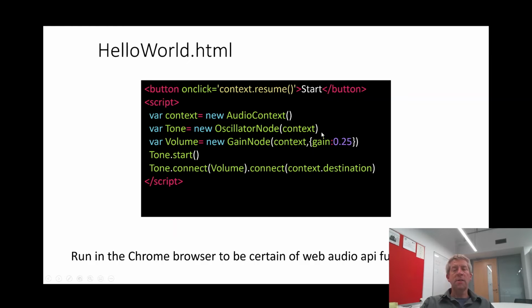I set the gain, just as we were talking about, when I created the volume. So we have volume equals new gain node, and here I said that the gain parameter is set to 0.25. And I also stacked the connection, so I have one connection following another. Tone is connected to the volume, is connected to the destination.